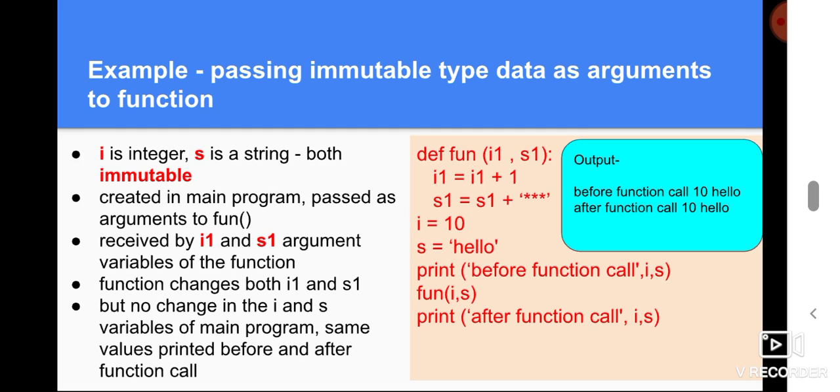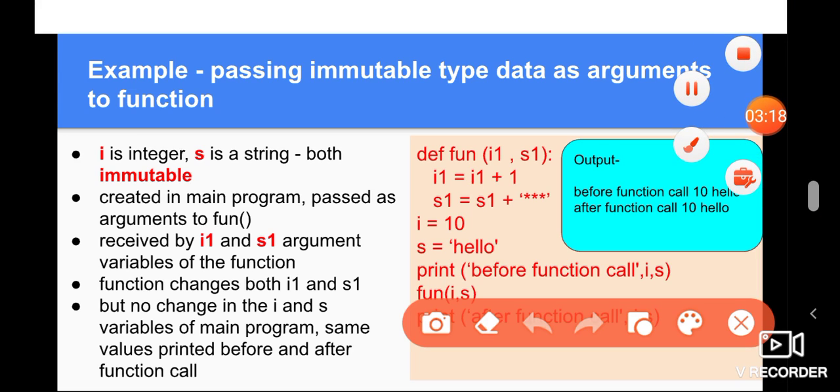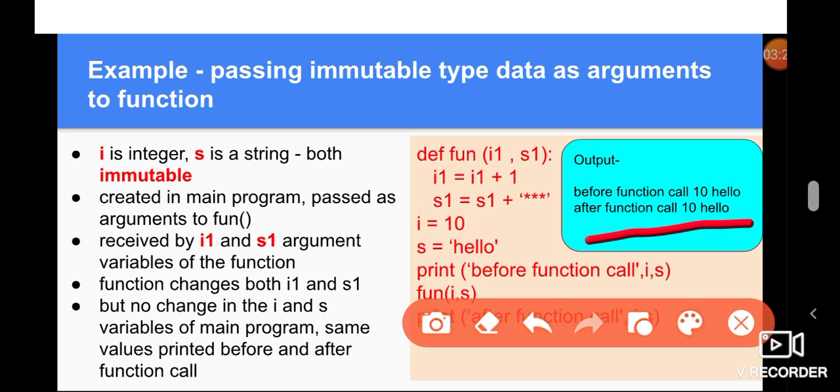So when we print it after function call, we again see the same values are printed. After function call also we see 10 and hello are printed. That means although the function fun incremented the value of I1 by 1, and also changed the string S1, it did not cause any change in the variables in the main program which were passed to this function.